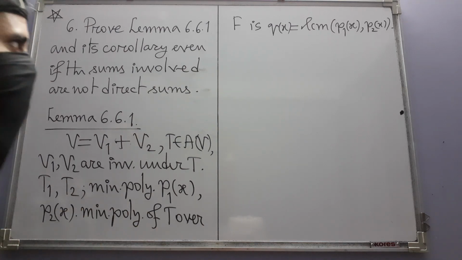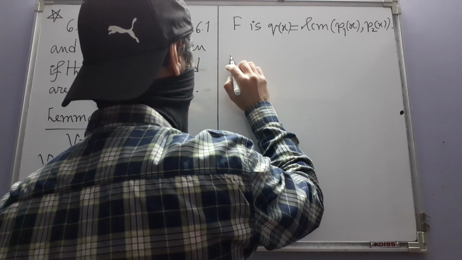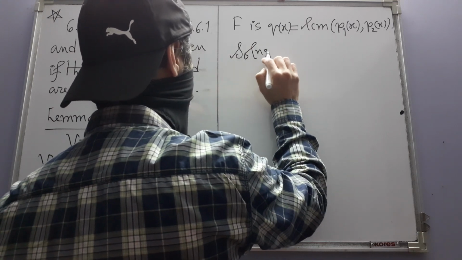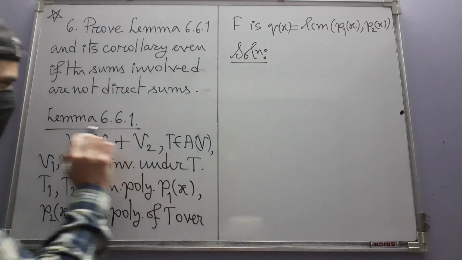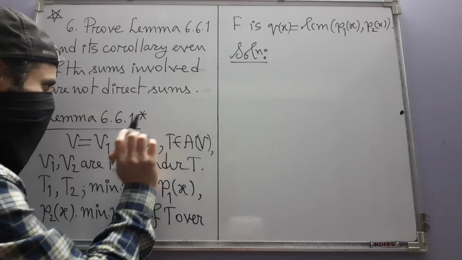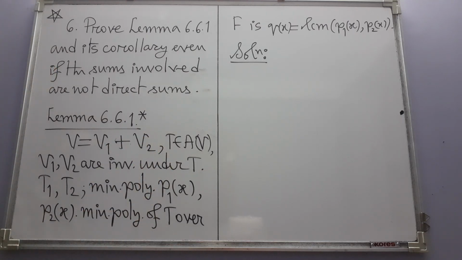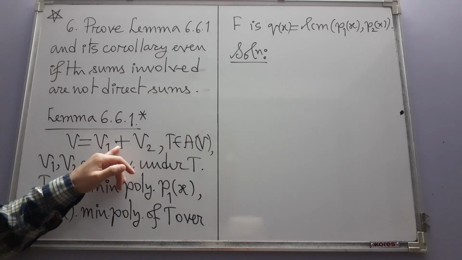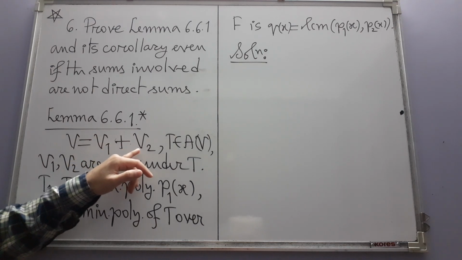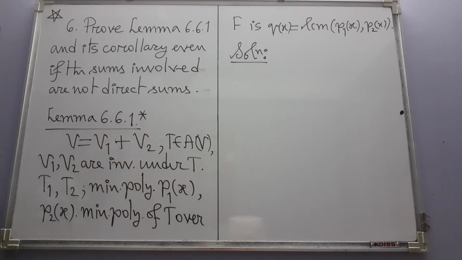Okay, so let's start the solution by recalling the proof of lemma 661. This is no longer 661, so let me put a star here. And we have to carefully see that nowhere we are going to use directness of the sum, because it's no longer direct.